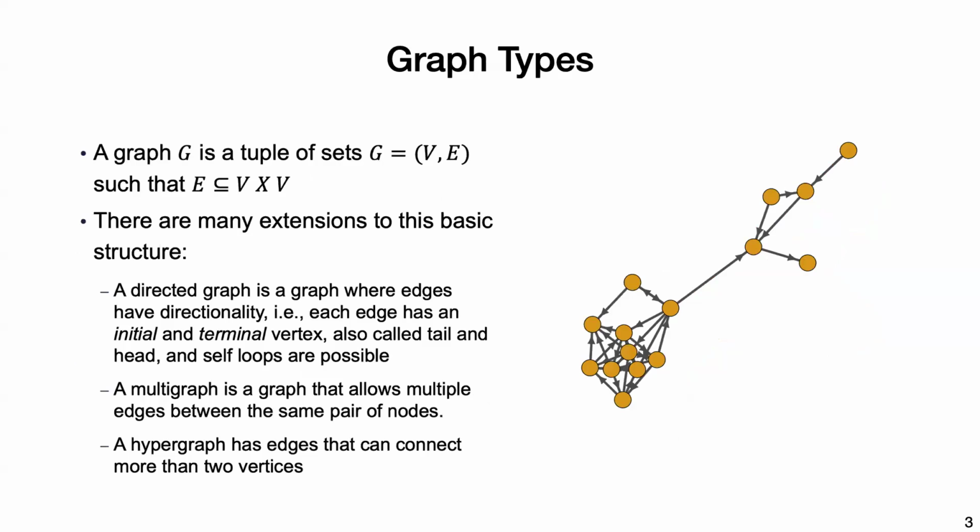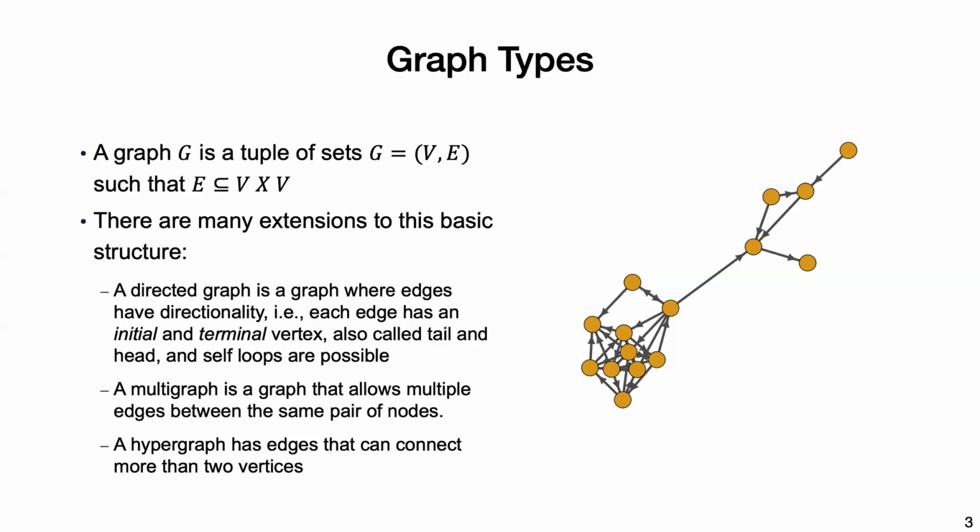There are a bunch of different types of graphs. So you can represent the graph as this tuple of two sets, V and E, which is vertices and edges. And E is in V cross V. So V cross V is a set of tuples that is equal to size of V squared. And edges are just a subset of all possible edges.